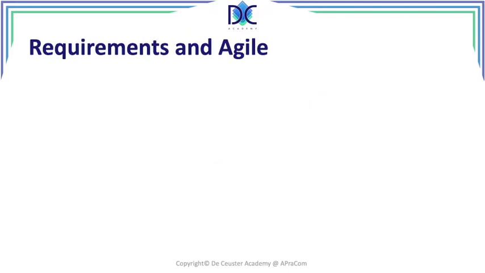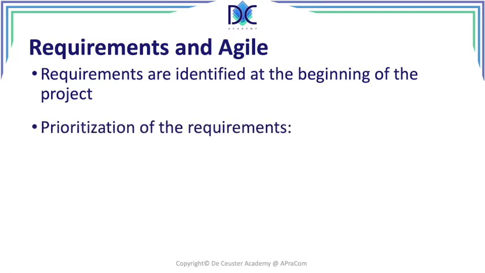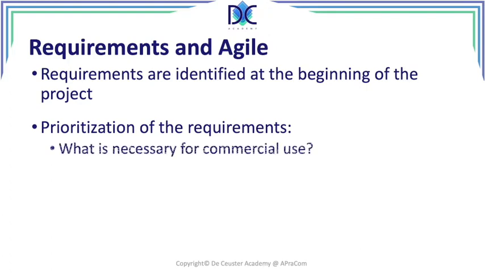Now, when we look at requirements and agile, we define and identify the requirements at the beginning of the project. We always have to know, what do we want to do? Now, we have to prioritize those requirements, and we have to look at different parameters. First of all, what is necessary for commercial use? And you see, it's already a different approach.